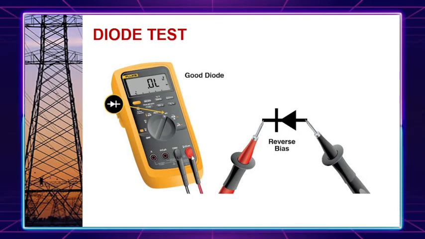And we have the leads or terminals or probes in some books or references. The red signifies positive and the black is a negative or common terminal. So first adjust the range to the diode symbol in testing this component.